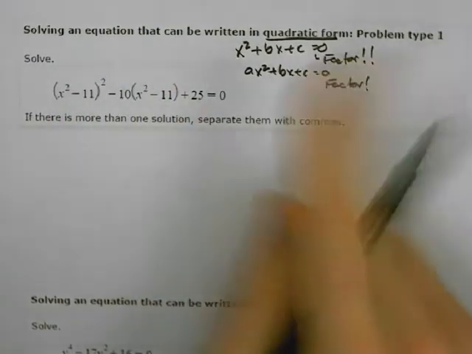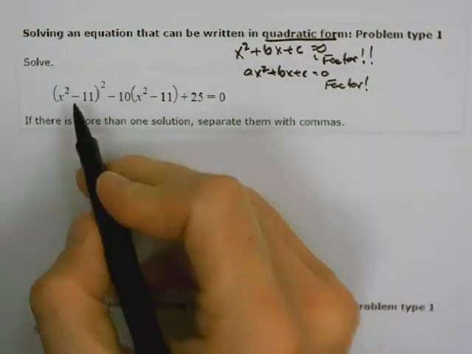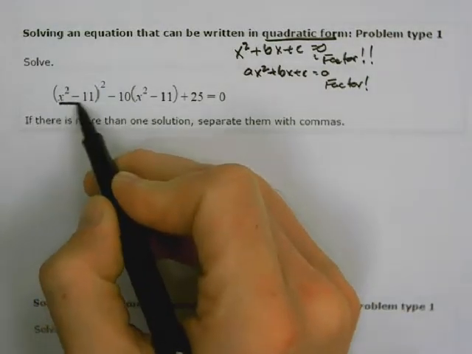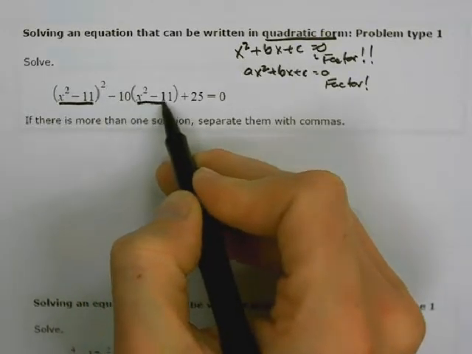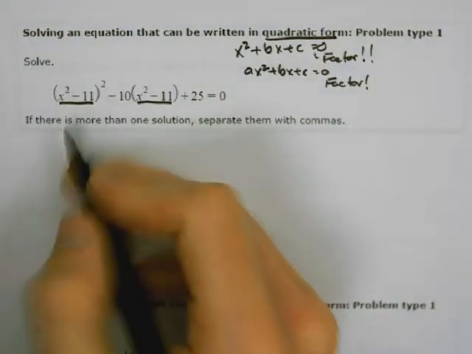Now, the trick, especially for a problem like this, is to see the pattern in the terms. What I'm noticing here is I'm squaring x squared minus 11 to start, and I'm doing negative 10 times the same thing, x squared minus 11. So let's try this.